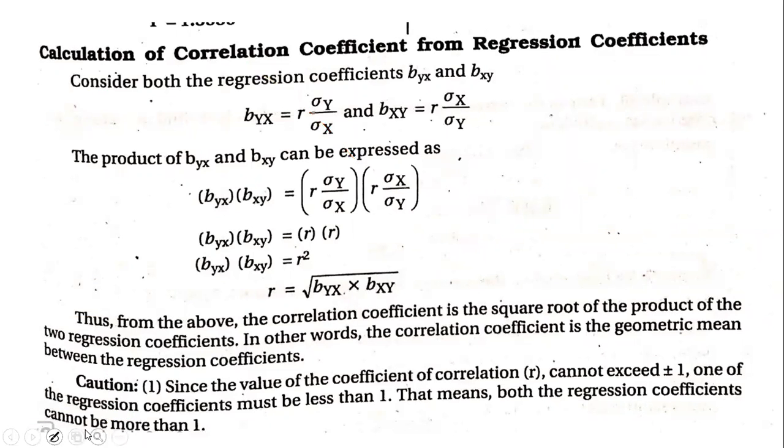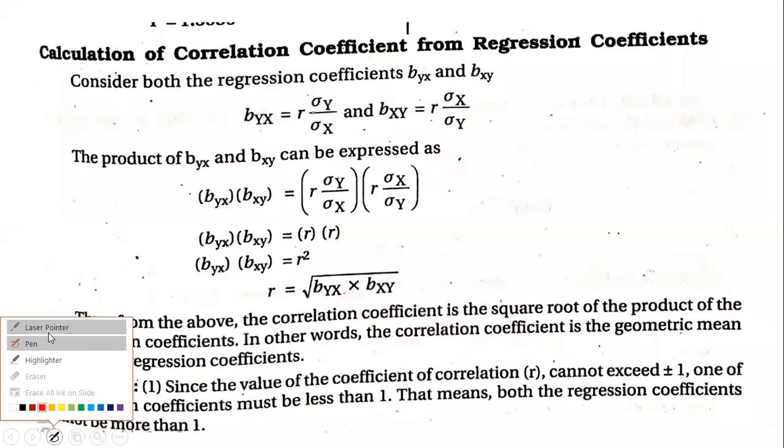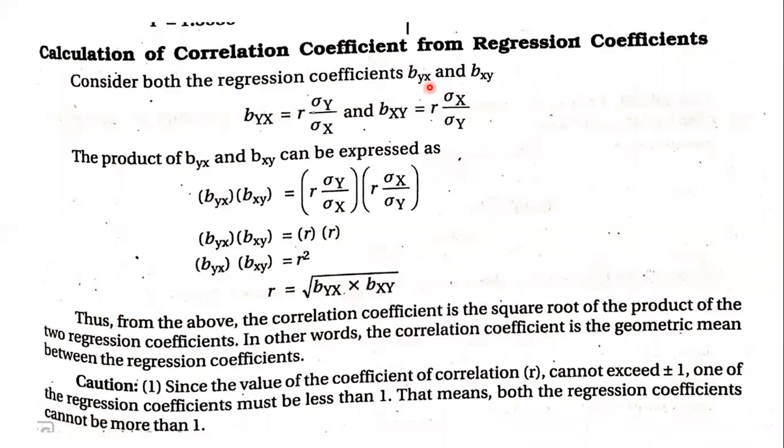So consider both the regression coefficients Byx and Bxy. And what is the formula for Byx and Bxy? We saw different types of formulas actually, right? So here the formula which we are using is different.